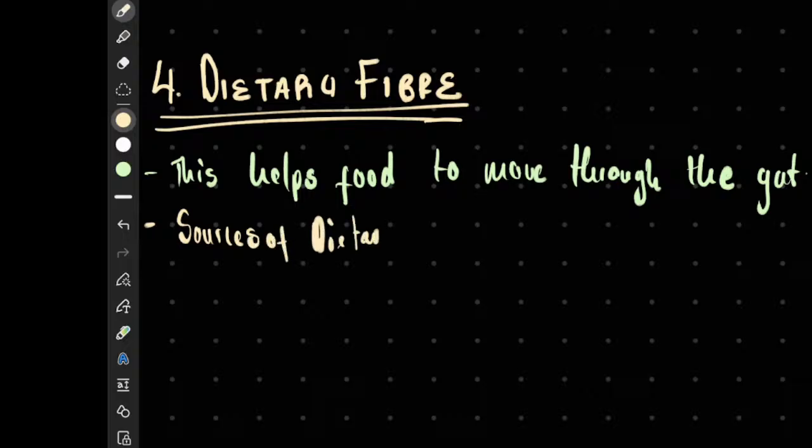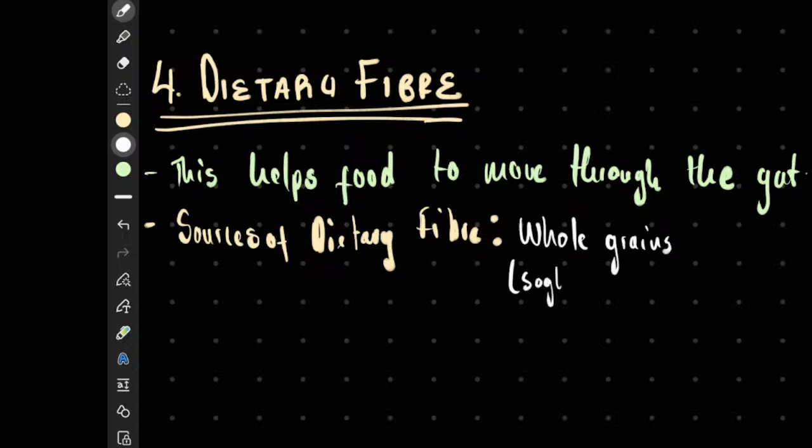Where do you get it? Because if we tell you you need dietary fiber and we don't tell you what food to eat to get it, we haven't done enough. We need to tell you to eat it, then we should tell you where to get it. So now we're telling you where to get it. You're gonna get it when you eat whole grains. Whole grains are things like sorghum, things like millet, things like rapoko.